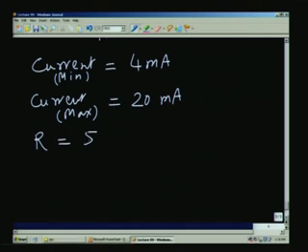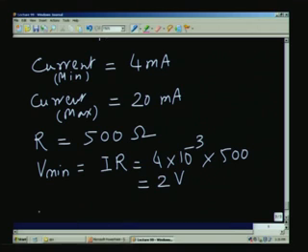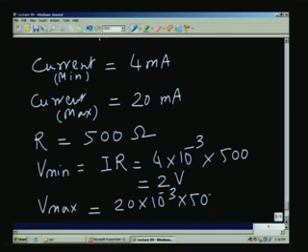Resistance is 500 ohms. I can calculate the corresponding voltage values. Voltage minimum is simply I R, 4 into 10 to the power of minus 3 into 500. So, this will give you 2 volts, and V maximum will correspond to 20 milliamps, which will correspond to 10 volts.